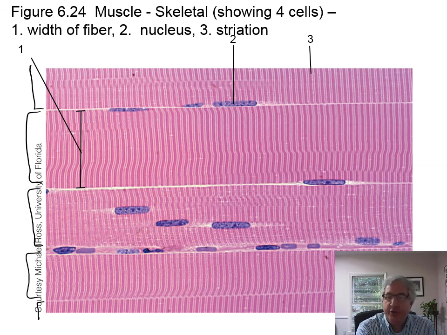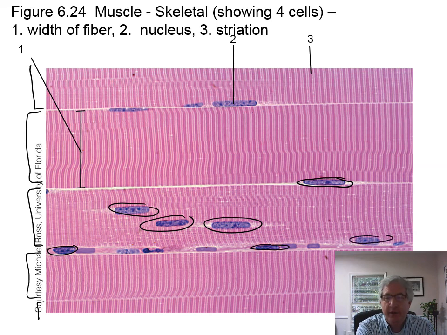So here's your nucleus, here's a nucleus here. These are multinucleate, so we have multiple nuclei in these. Here's another easy to identify nucleus, here's another one here, and another one here.